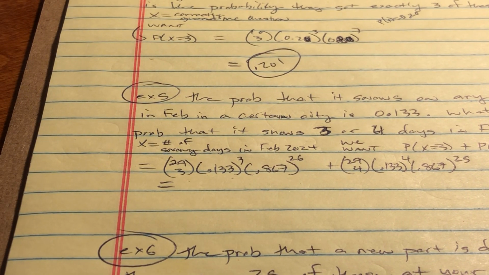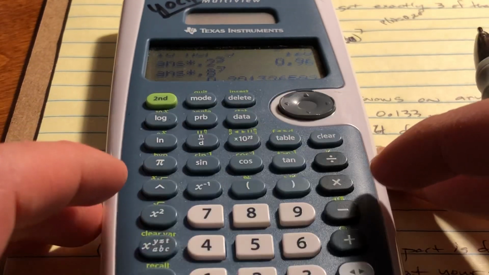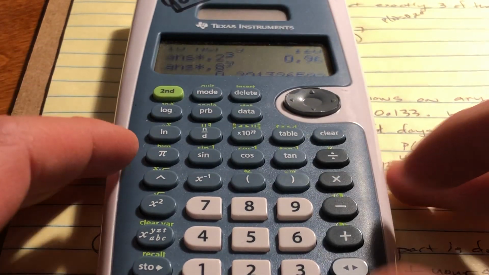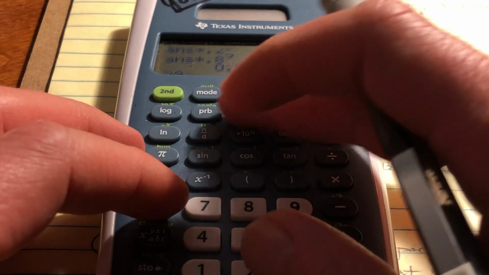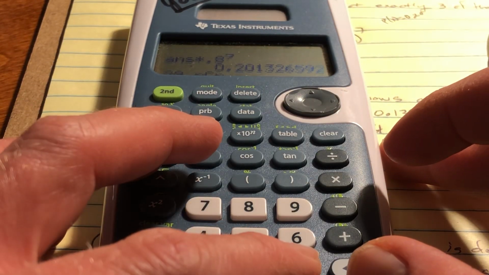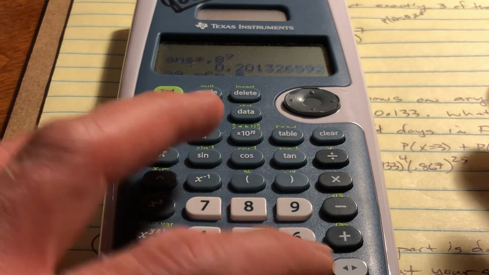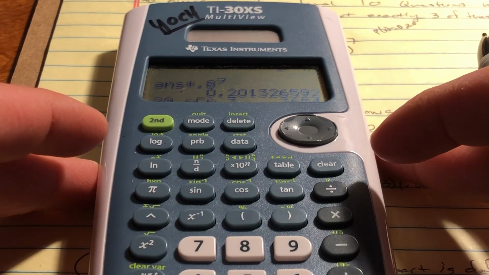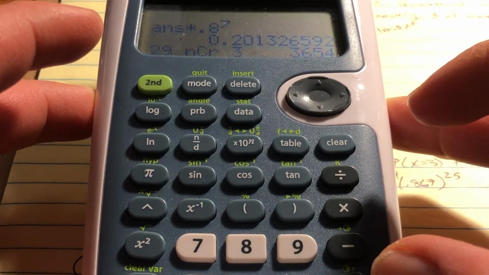All right, so again, this can all go in our calculator pretty quickly. 29, PRB, the second choice, 29 choose 3 first, which is 3654.